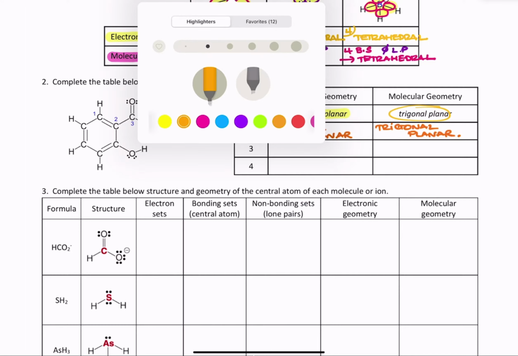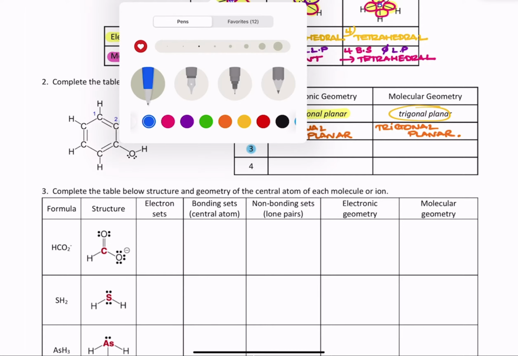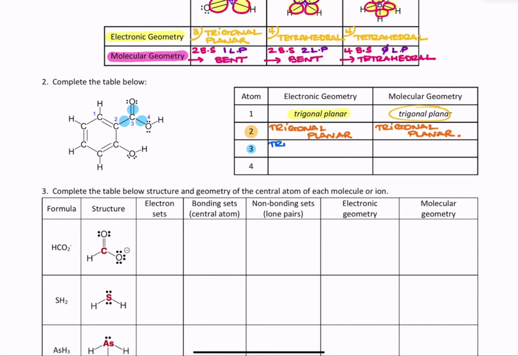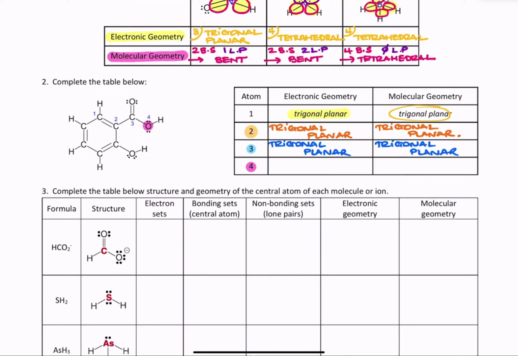Carbon number 3, this one here, is surrounded by 1, 2, 3 sets as well. These 3 sets are bonding as well, so we have trigonal planar geometry for both electronic and molecular. Finally, atom number 4, which is this oxygen right here.